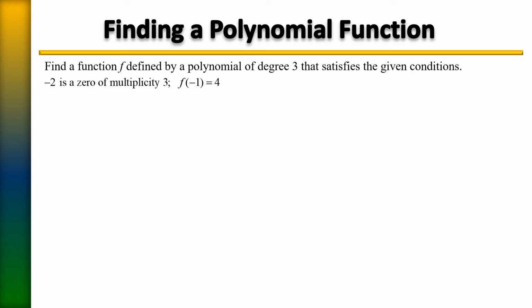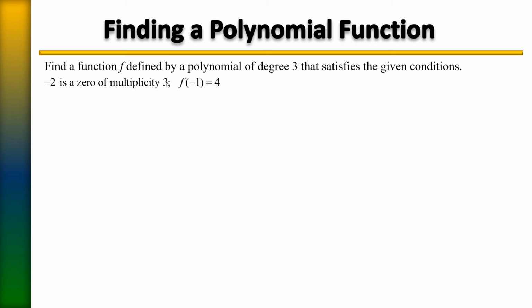So what we're doing here in this problem is just simply writing a polynomial function. We're told that it has a degree of 3, so we know that it's going to have 3 zeros and 3 linear factors. In other words, 3 of those x minus this, or x minus that, or x plus this.